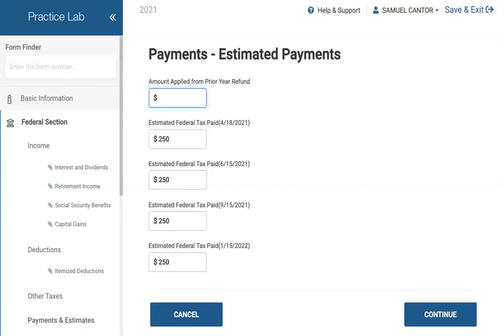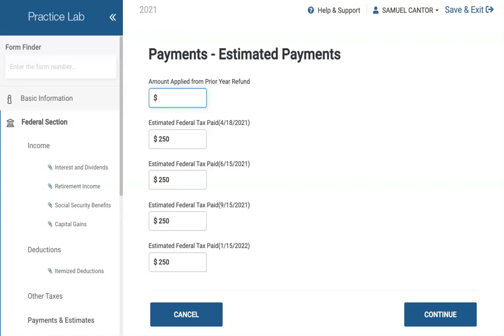Third, the amount applied from a prior year refund is a dangerous area. That is, do not encourage taxpayers to use their refund for the next tax year as equivalent to an estimated payment. It is very easy to miss that when somebody prepares the return the next year.